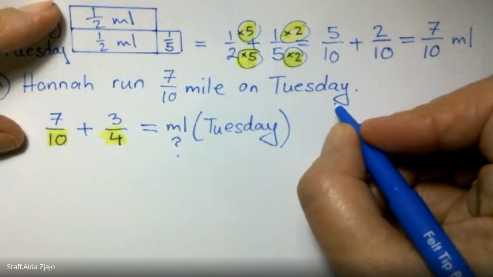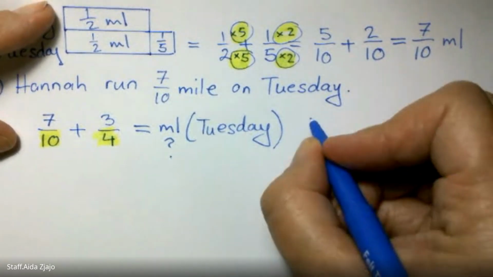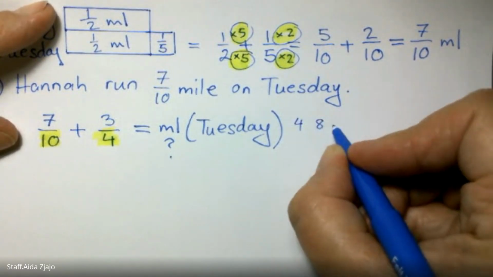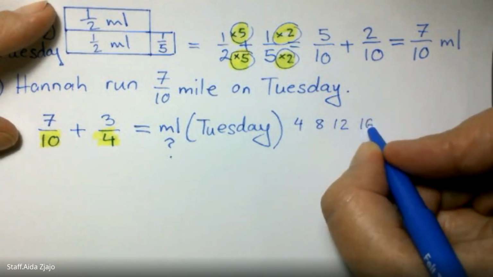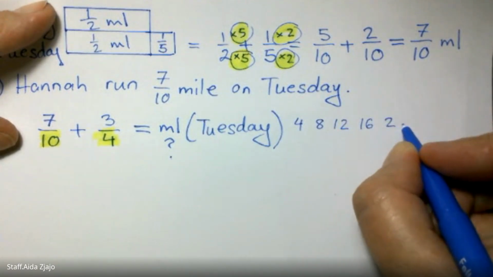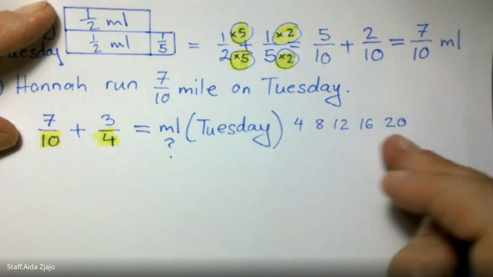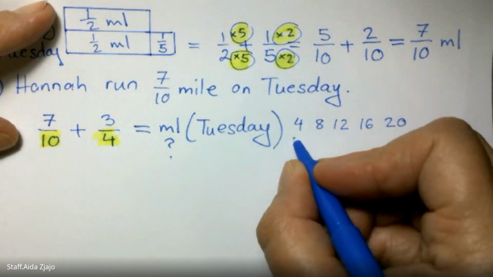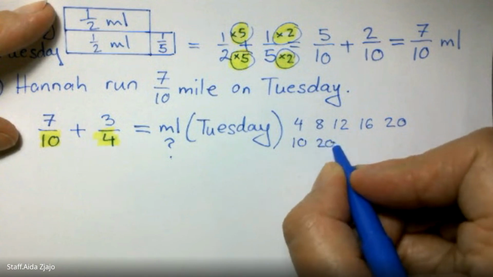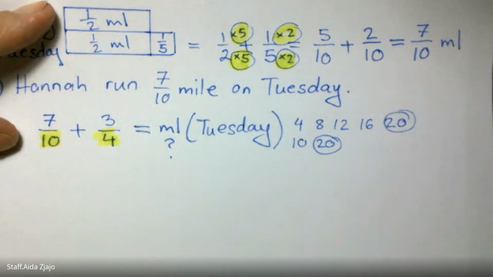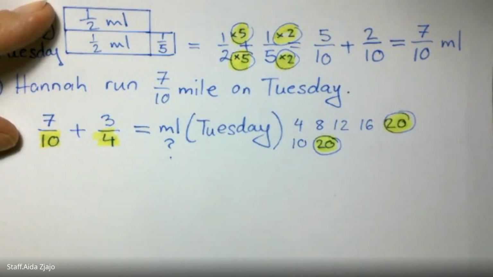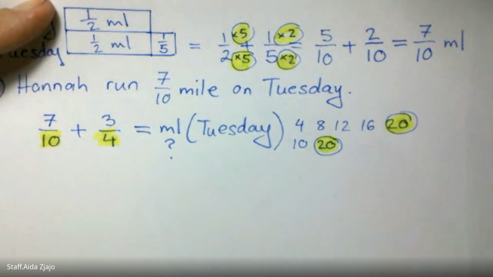So let's see which one is the least. If you skip count by 4: 4, 8, 12, 16, 20. And if you skip by 10, you have 10 and you have 20. So instead of 40, we can easily use 20 as the least common denominator.